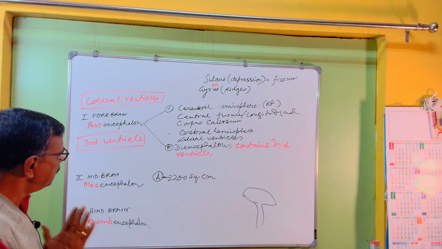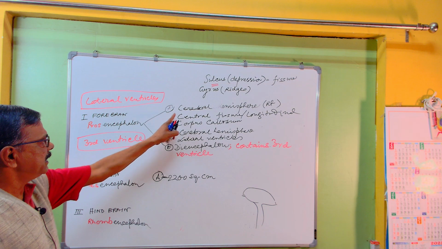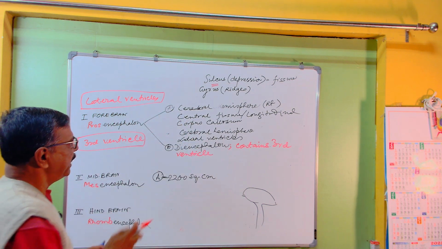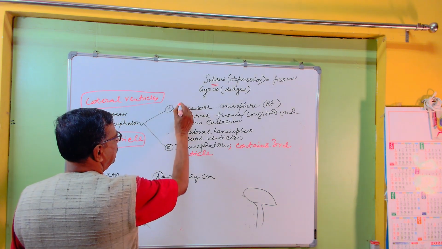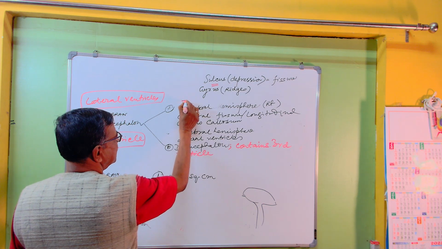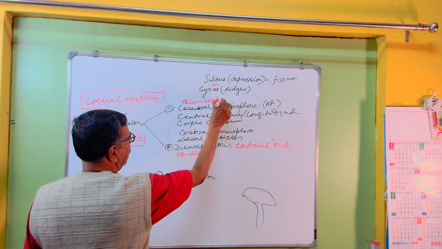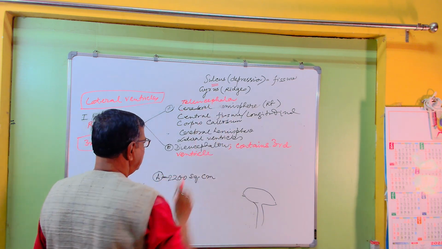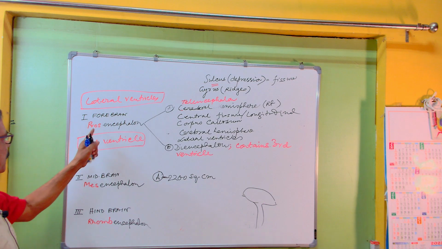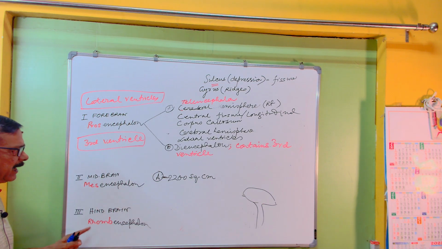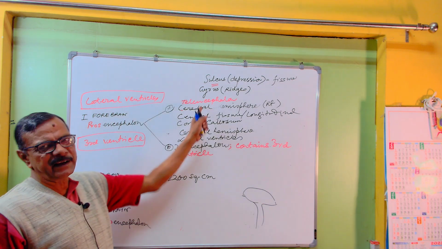Now, to remember, the cerebral hemisphere is also known as the telencephalon. So, it is very difficult: prosencephalon, mesencephalon, rhombencephalon, then diencephalon, then telencephalon.